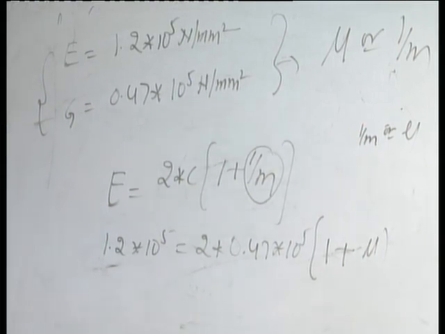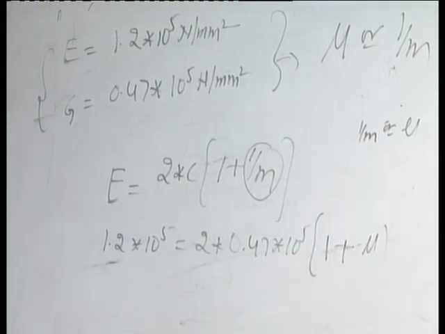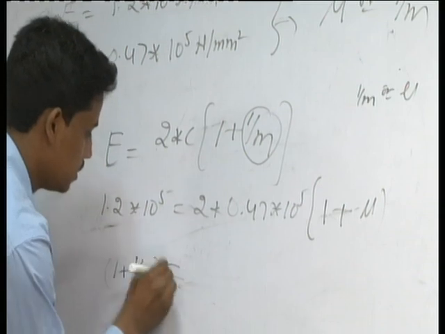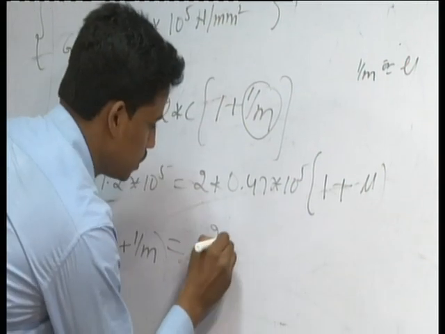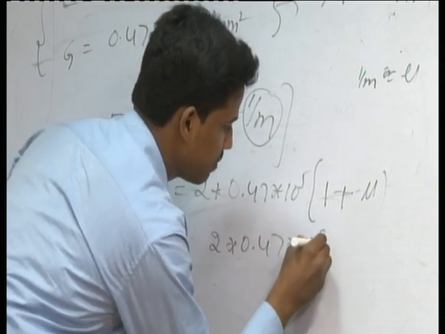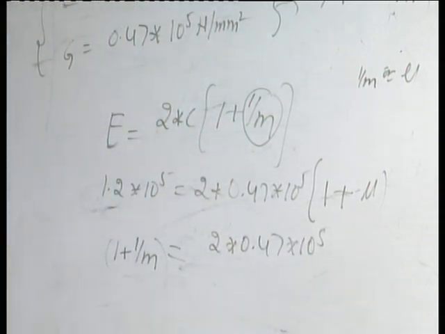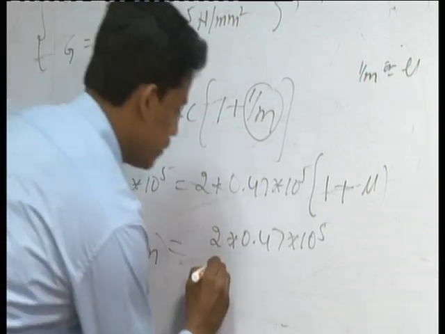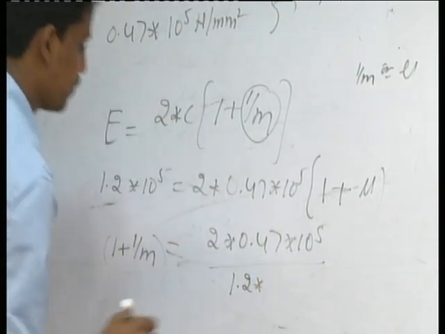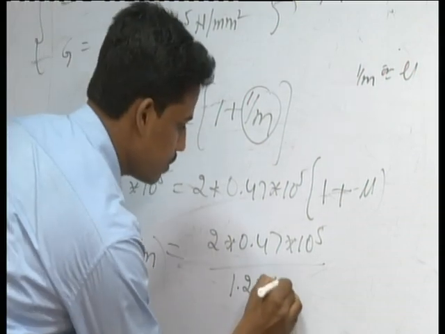If we modify this expression, we will get 1 plus 1 by m is equal to 2 into 0.47 into 10 to the power of 5 divided by 1.2 into 10 to the power of 5.